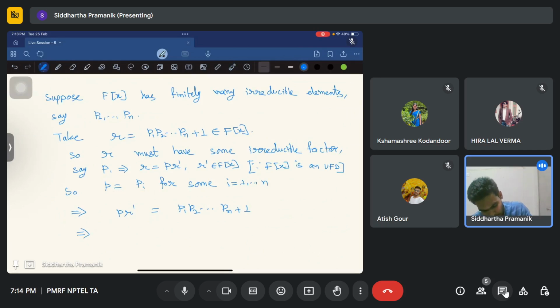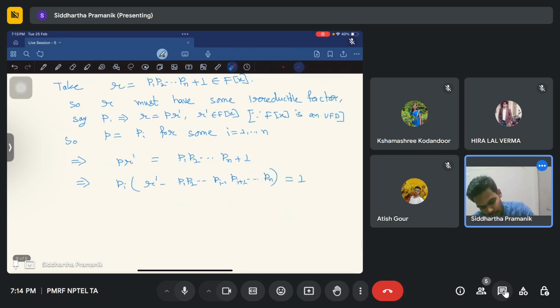So that will imply you can take pi common, and this will give pi times (r' minus p1, p2, pi minus 1, pi plus 1 up to pn) equals 1. Now this belongs to F[x], this belongs to F[x].